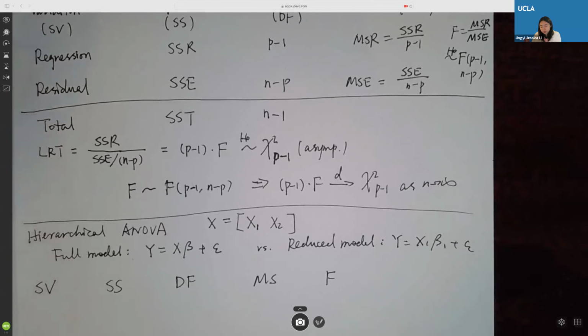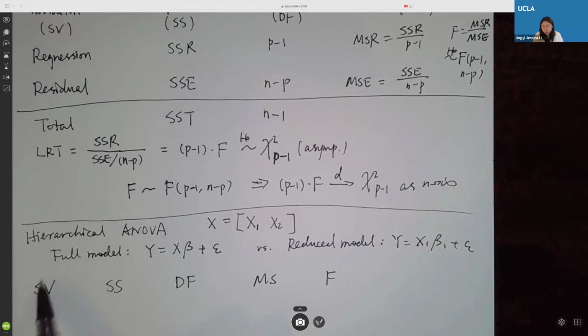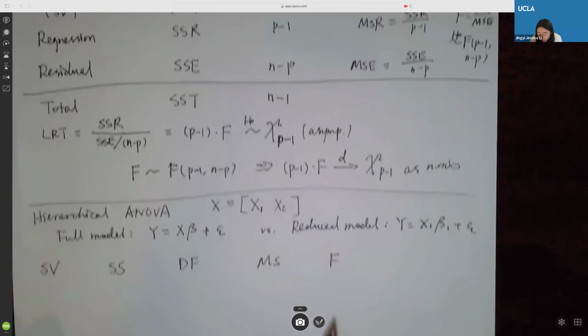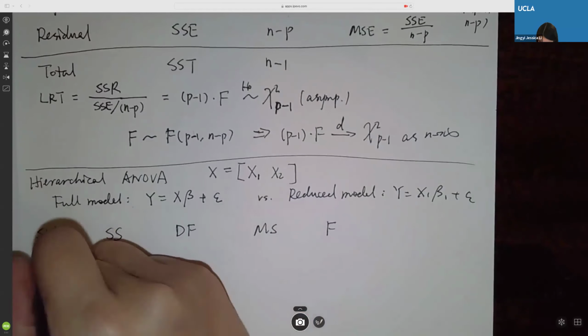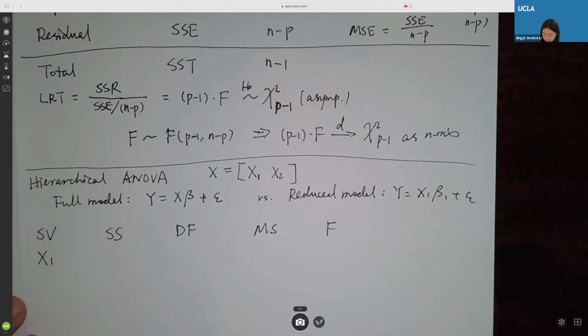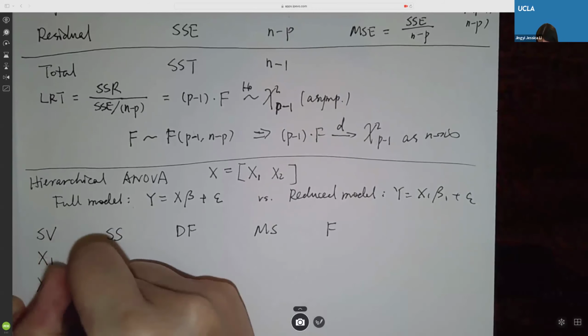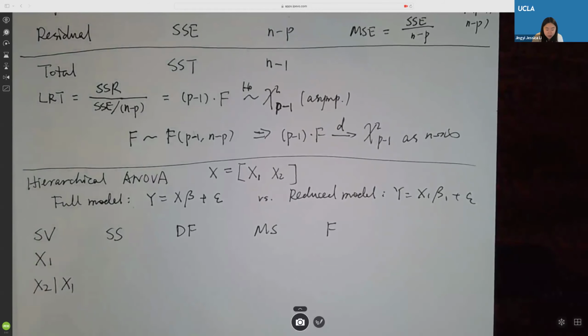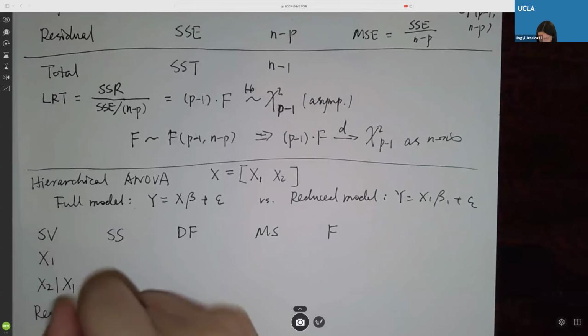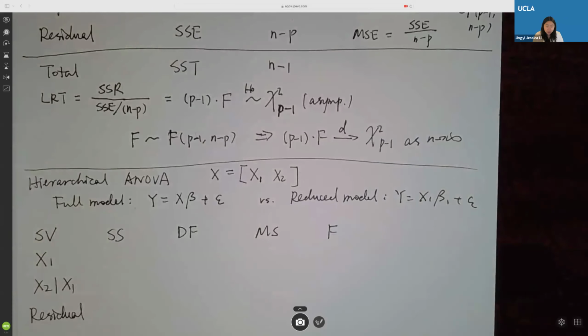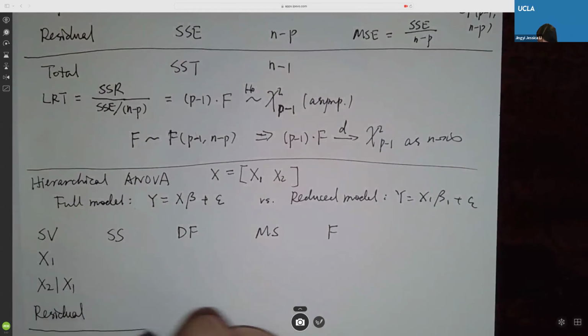The regression can be further decomposed into the source of variation that can be explained by X1 only in the reduced model, and the additional explanation from X2. So in such an ANOVA table, we will have a row called X1 and a row called X2 given X1, the additional predictors, and residual. What this residual means is what the full model cannot explain. And then finally total.